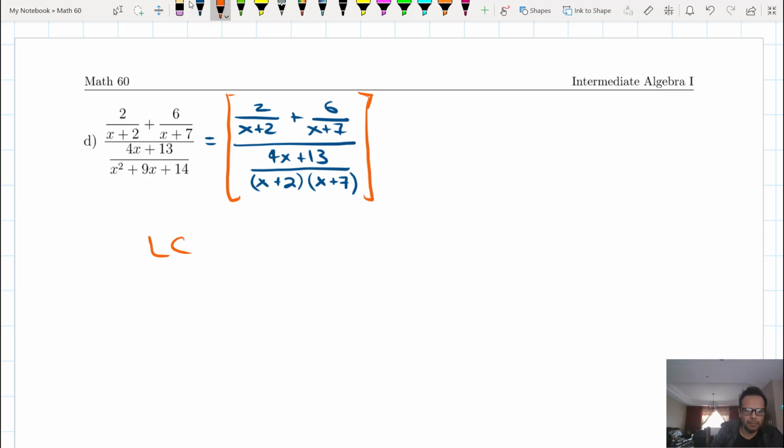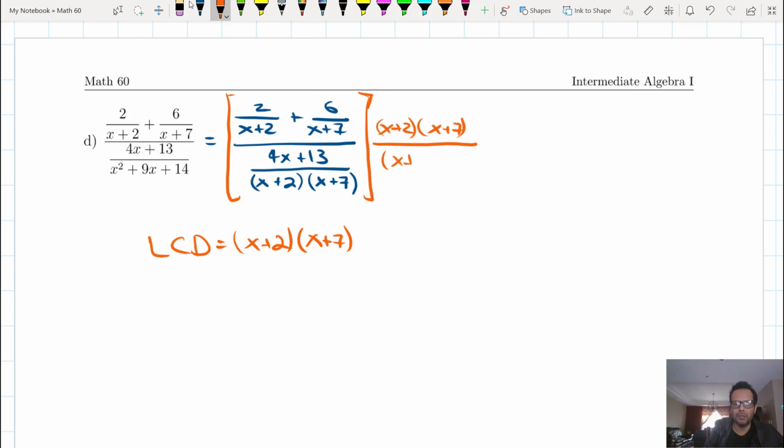So the LCD will be the product of x plus 2, x plus 7, and well, x plus 2, x plus 7 is there. So no need to write anything else. The highest power of each factor is 1 again. So x plus 2 times x plus 7 divided by the same quantity, x plus 2 times x plus 7.